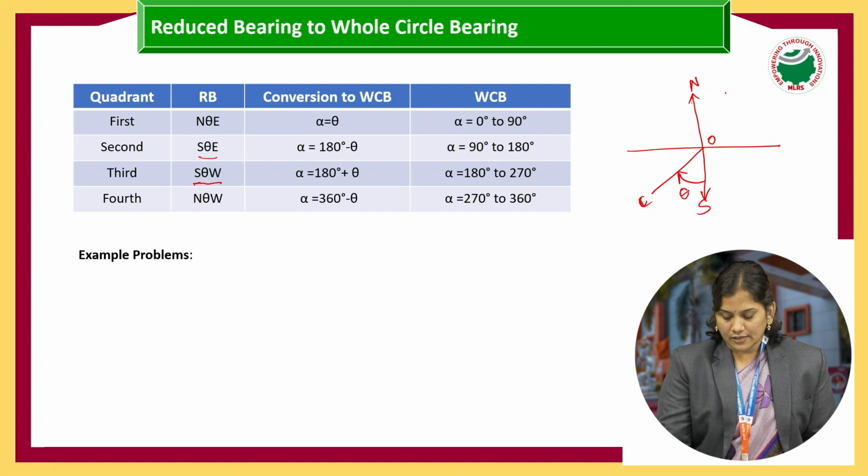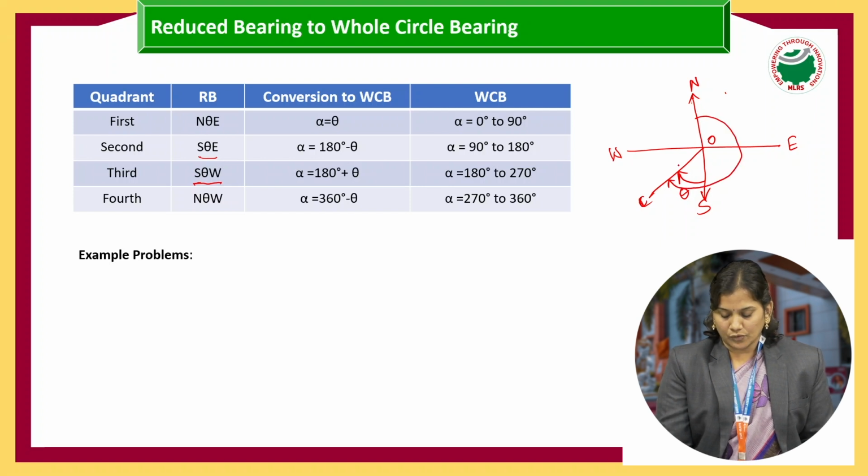Theta is this angle, south theta west, with this the west direction and this the east direction. In the whole circle bearing, how are you going to measure it for this survey line? From north towards our survey line in clockwise direction only.